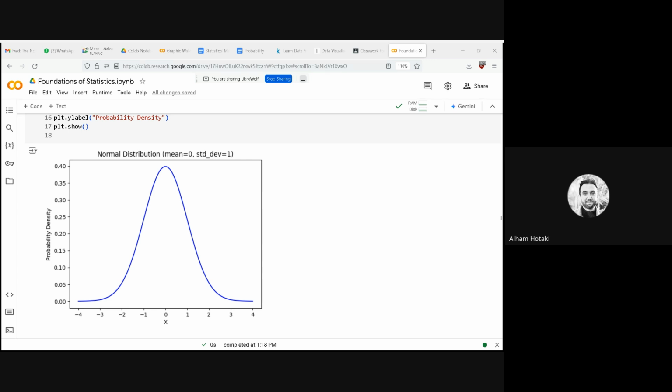Now we will look at another chapter, one of the important chapters here. In the normal distribution, all the time we are talking about the mean. The mean is very important here, and the standard deviation plays a key role, as does the area under the standard deviation.